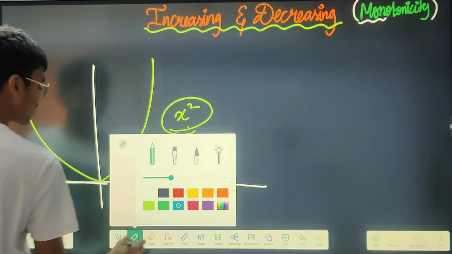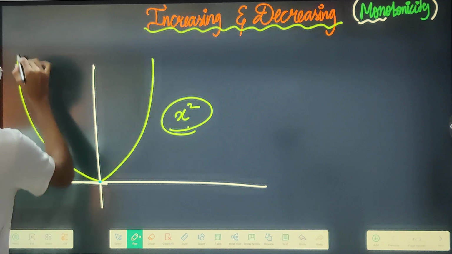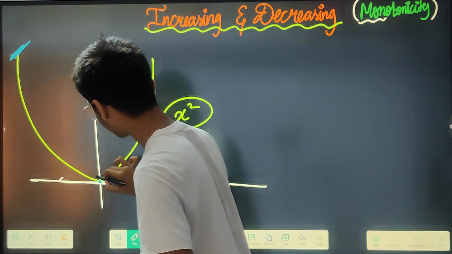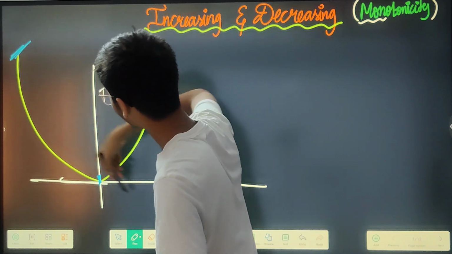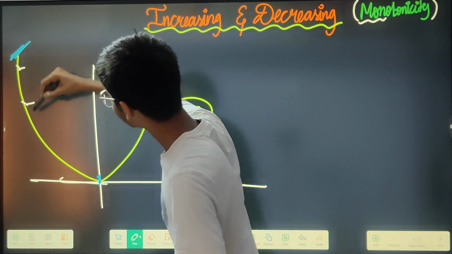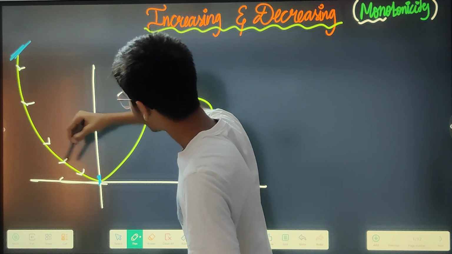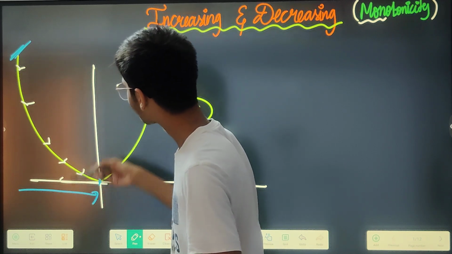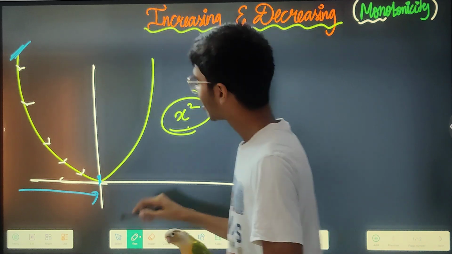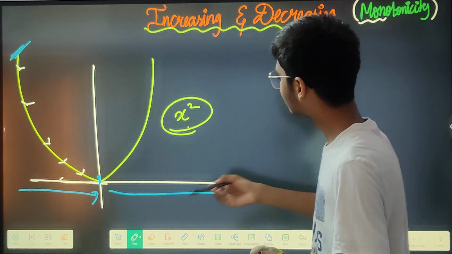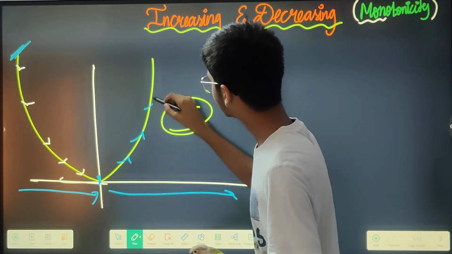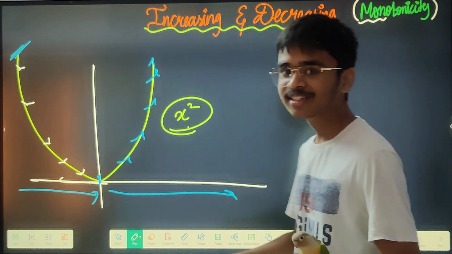Here you can see that from this point to this point, it is decreasing. Its value is being decreased as you put the x value. But from here to here, the value is increasing.